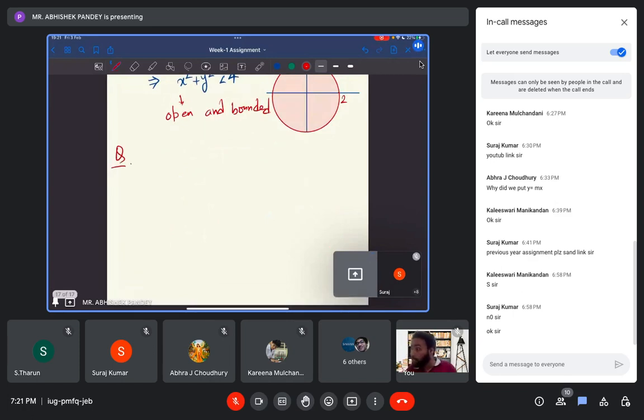For this, let us see, g of x comma y is equals to 2x plus y upon x minus y. So for this it is easy. For this to be defined, x should not be equals to y.